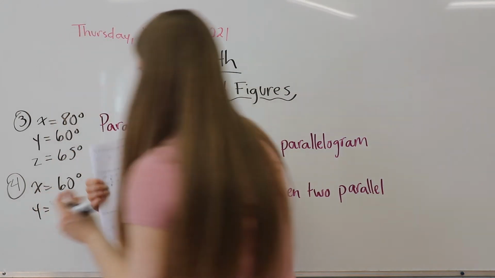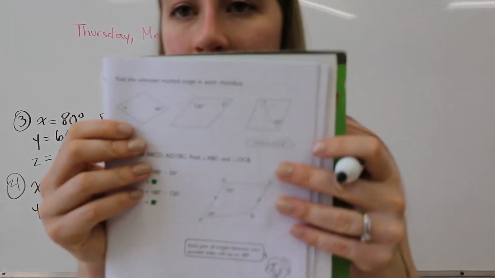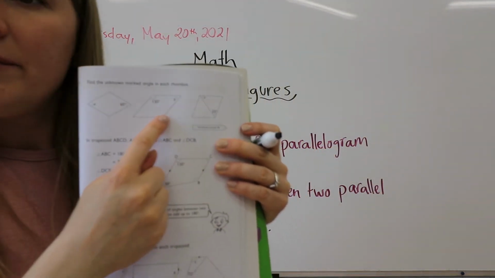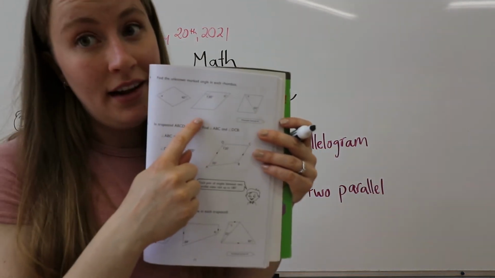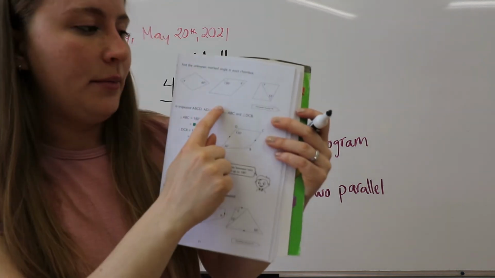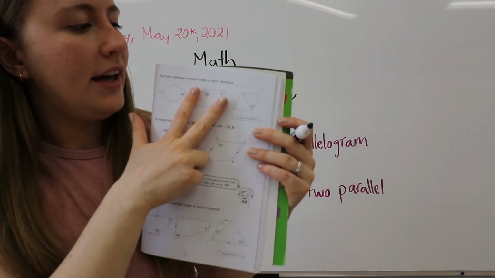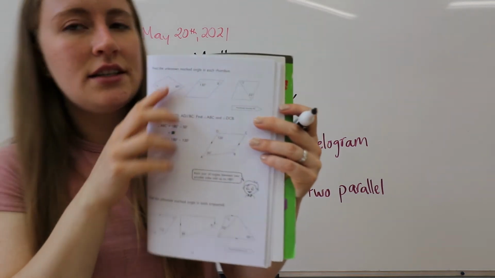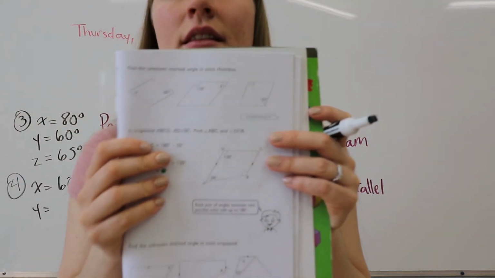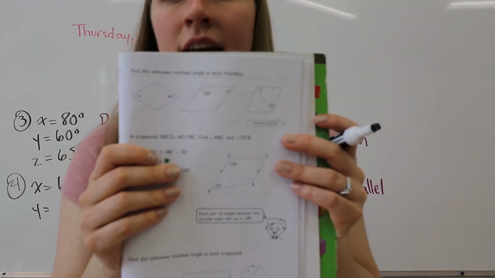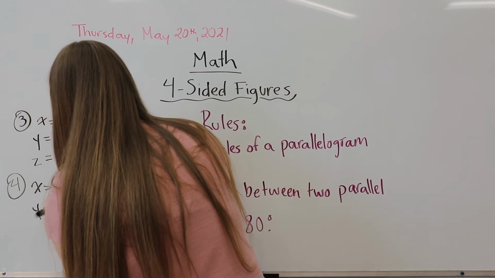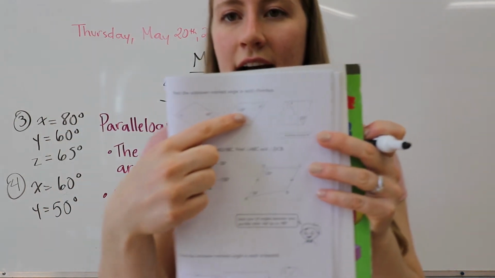For Y, we're going to use rule number 2 again, because being a rhombus doesn't change the fact that it's a parallelogram, because a rhombus is a parallelogram. So we can use our rule that the pair of angles between 2 parallel sides add up to 180 degrees. So we're going to do 180 minus 130 degrees, and that's going to give us 50 degrees. So that is Y.